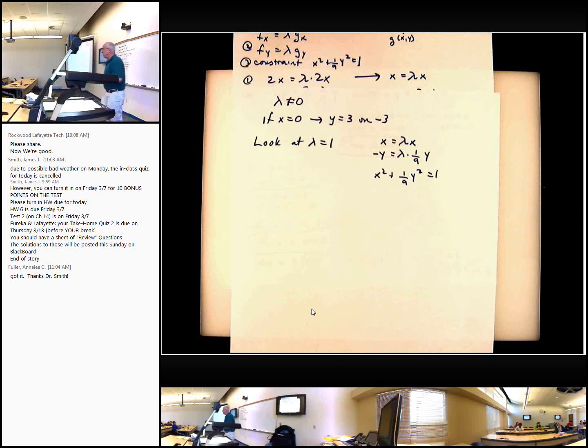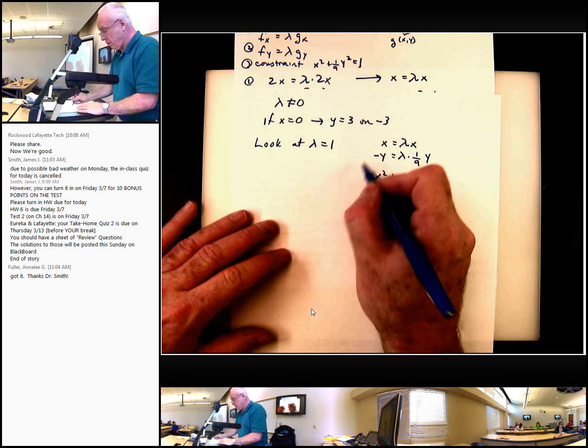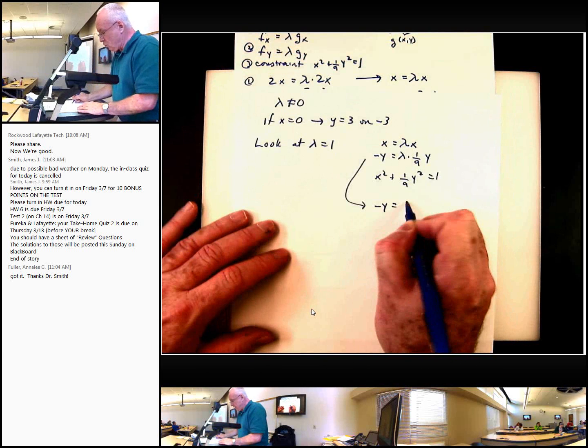What else happens, though? Yeah. That second equation, if we set lambda equal to 1, what do we get? We get that negative y is equal to 1/9 y.